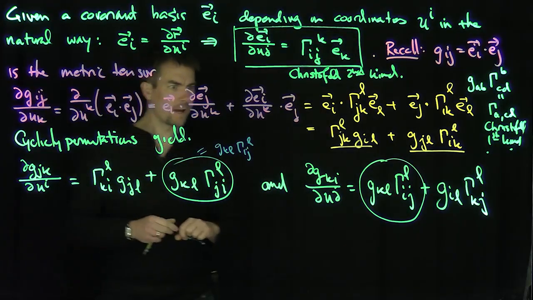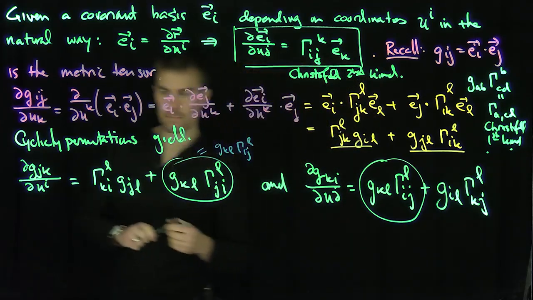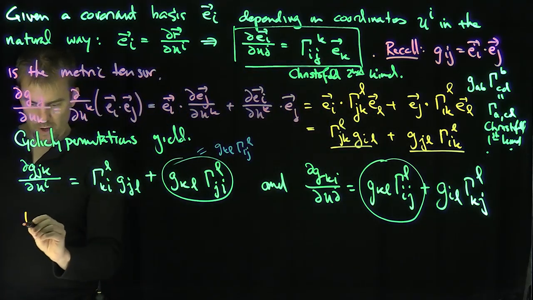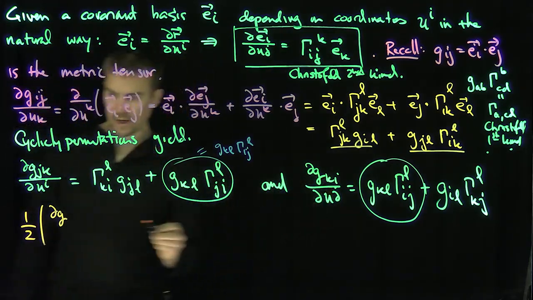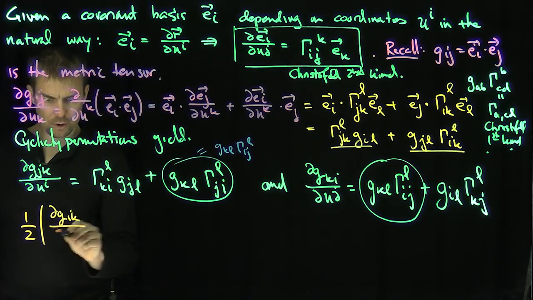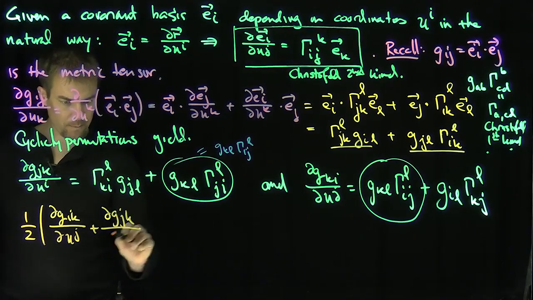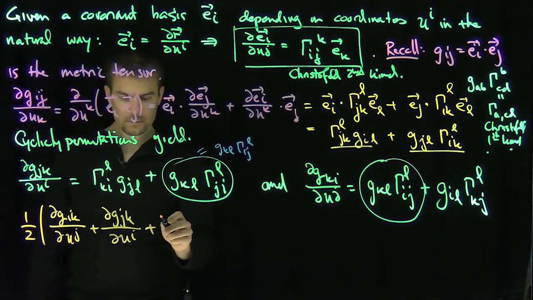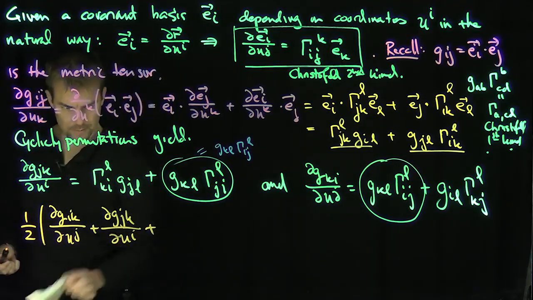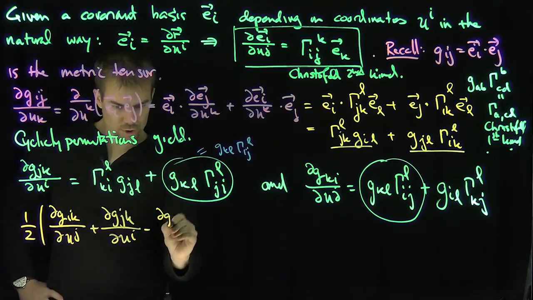So now consider, here's the key part of this. Let's look at 1/2 times partial G_{IK} partial U_J plus partial G_{JK} partial U_I, and then I'm going to do a minus actually to make sure I get the symmetry right, minus partial G_{IJ} partial U_K, right?